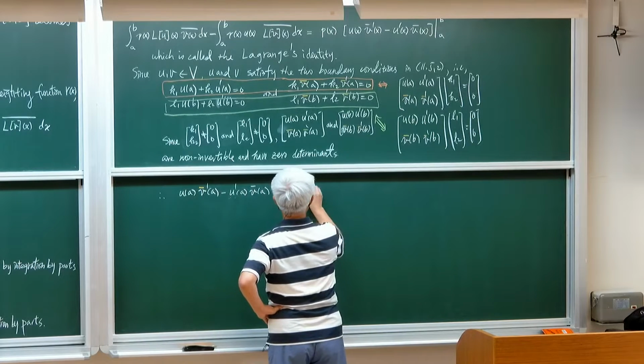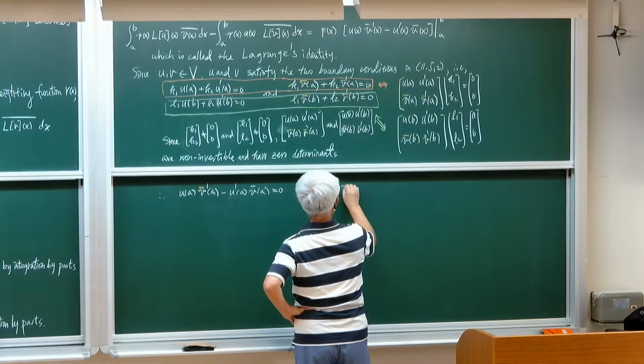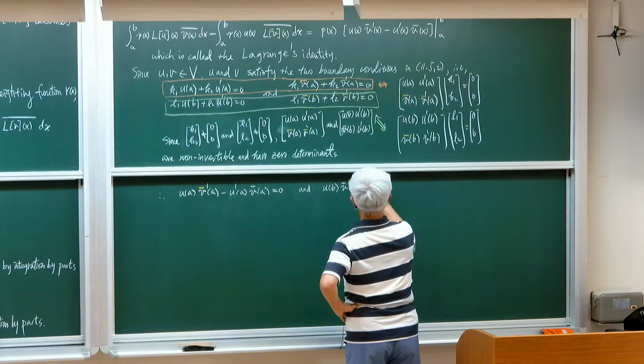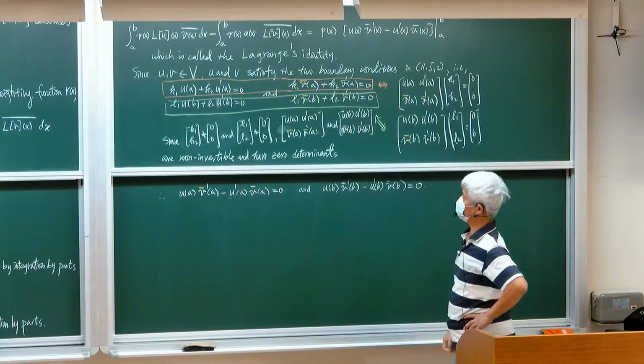And for this one, U(B) V bar prime(B) minus U prime(B) V bar(B) is 0.